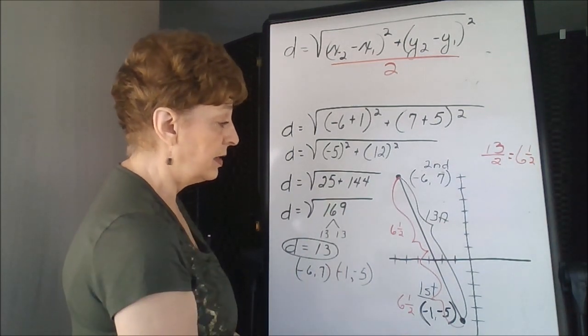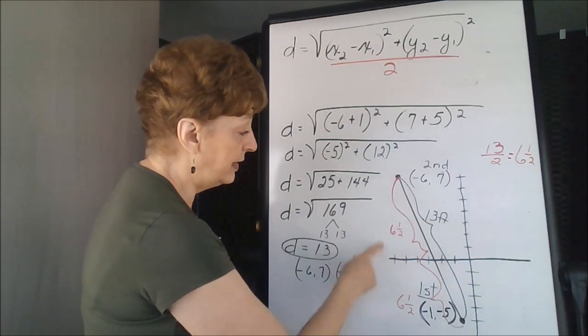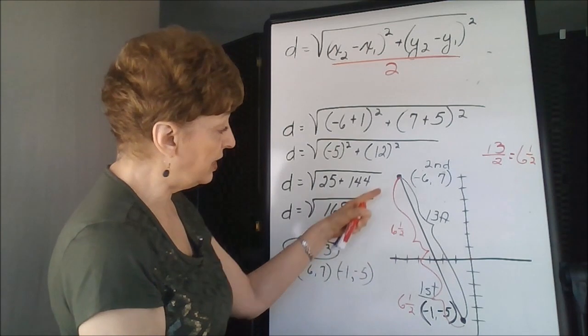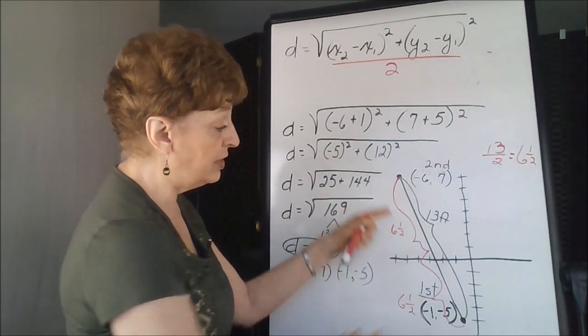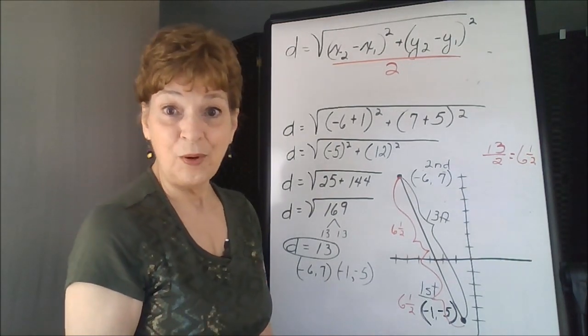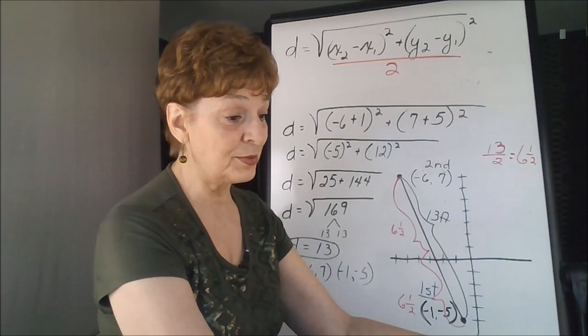So that part's done. But we still don't know the exact point on the grid where we find the midpoint. We just know that it's 6 1/2 from each of the ends. We can figure that out with that ordered pair to the midpoint calculation that you have also in your notes.